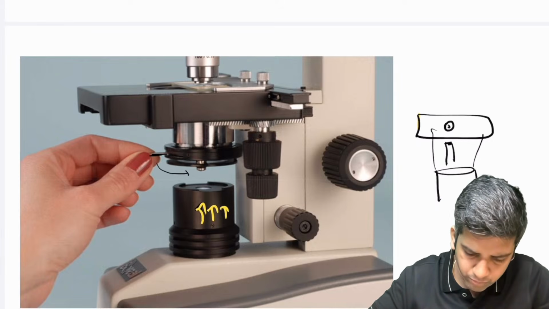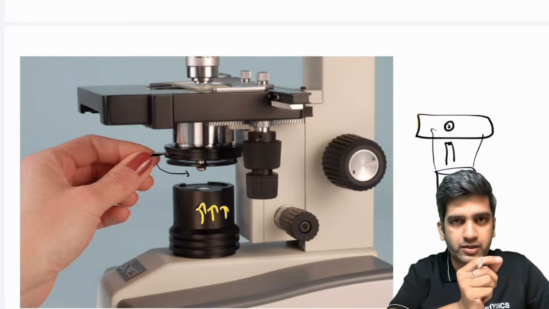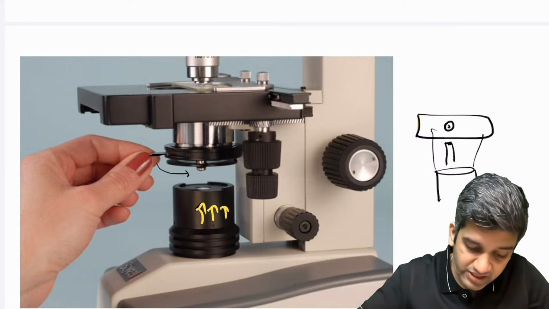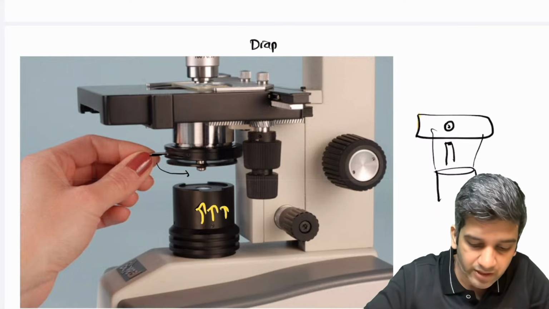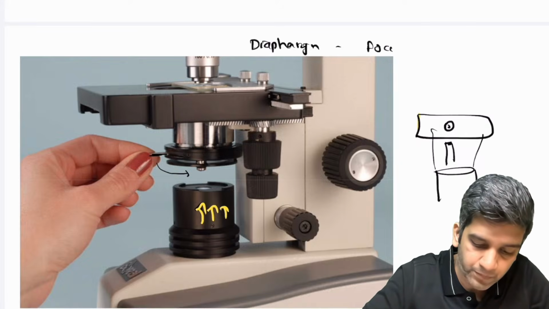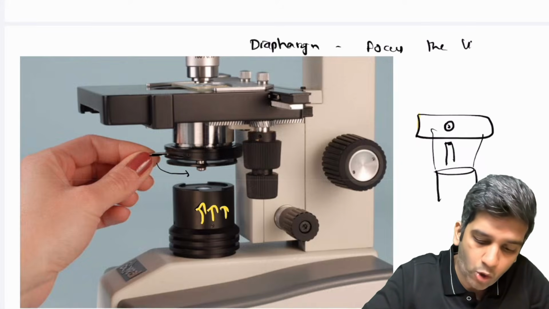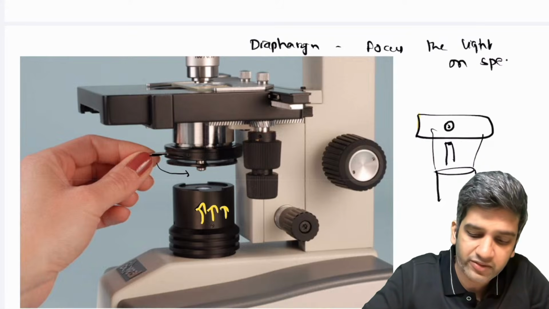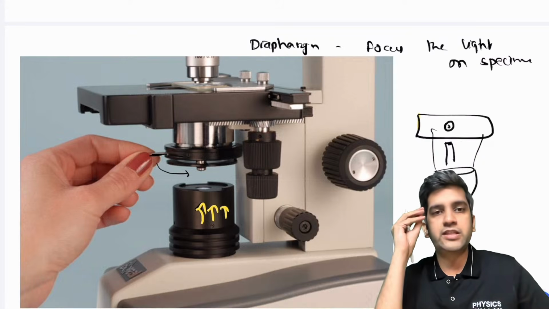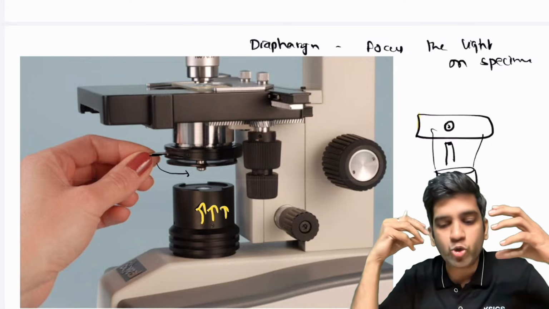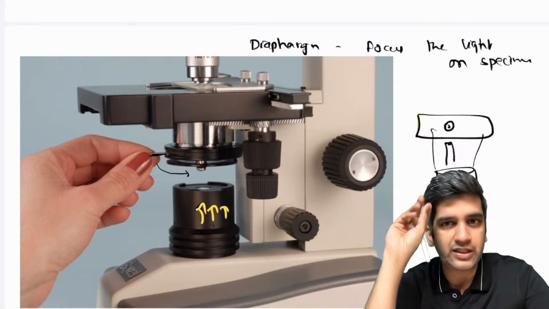If you slide it, it opens, it closes, right? So the iris diaphragm's function is to focus the light on the specimen. Whatever is there in the slide, you focus light on the specimen. That's the job of the iris diaphragm, and it will give a little better clarity and a good image view, because the light is exactly focused there, right?